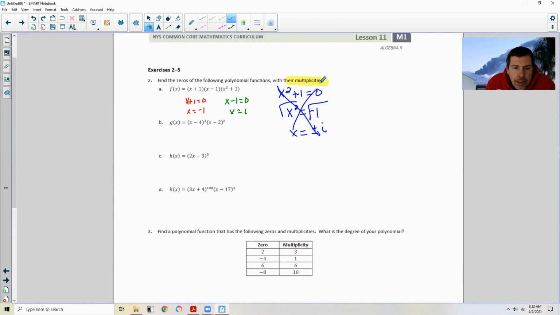Well, the multiplicities just means how many times did that factor appear. So x equals negative 1 is there once, so that has a multiplicity of 1. I'm not going to write it, I'm just going to say it. So negative 1 with a multiplicity of 1, and x equals 1 only happened once, so that had a multiplicity of 1. Okay, let's just get rid of this now.